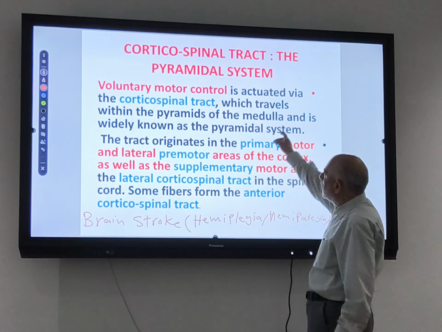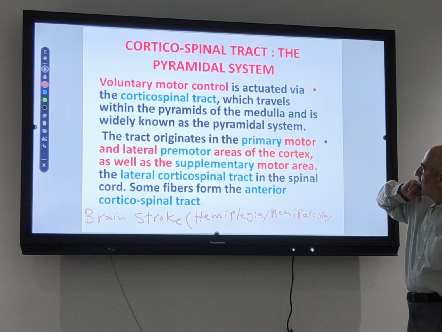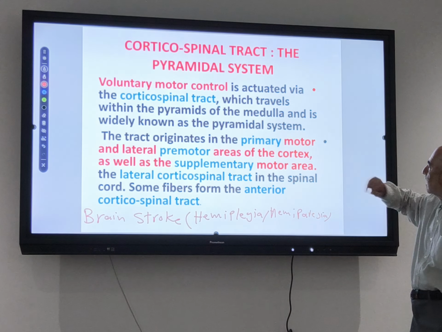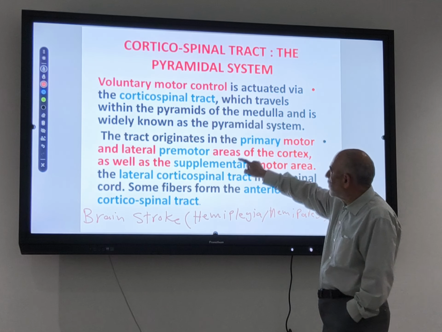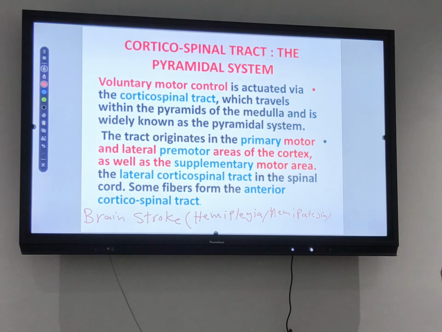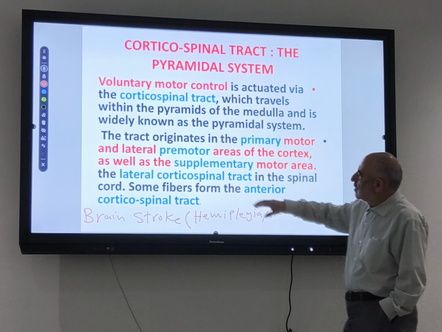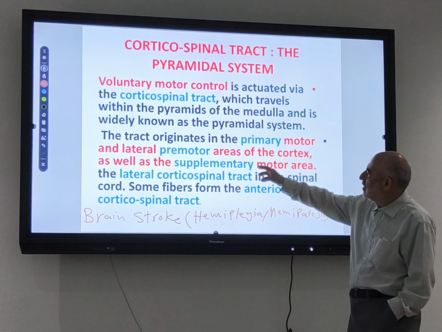So it travels between the pyramids of the medulla, which is a part of the brainstem, and is known as the pyramidal system. The tract originates in the primary motor area and also the lateral premotor areas of the cortex, and also the supplementary motor area.